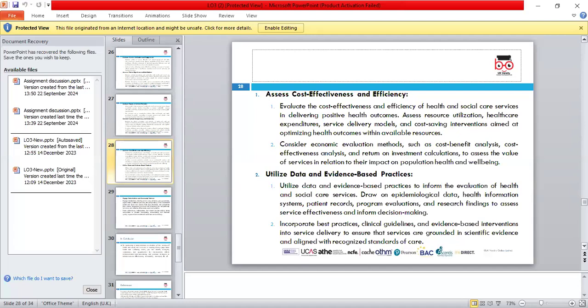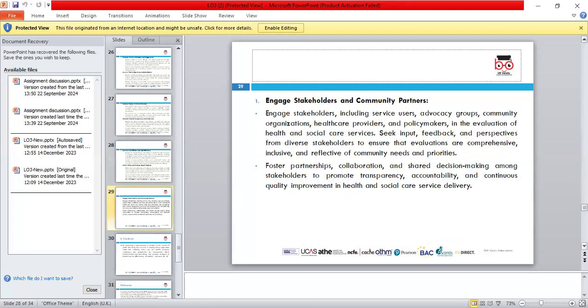Incorporate best practices, clinical guidelines, and evidence-based interventions into service delivery to ensure that services are grounded in scientific evidence and aligned with recognized standards of care. So it's all about making sure the best practices and the clinical guidelines are followed and all that.